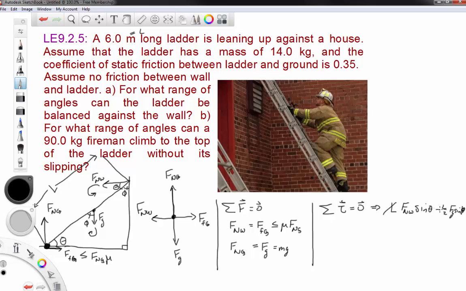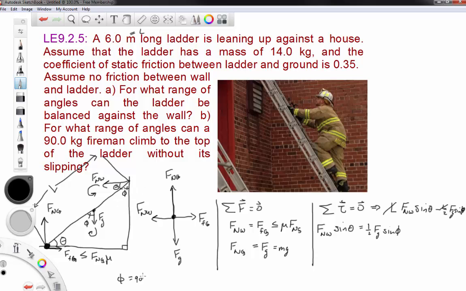So this basically, we can eliminate the L's from this, and you end up with the normal force between wall and ladder times the sine of theta is equal to half of the ladder's weight times the sine of phi. Now, phi is 90 minus theta.